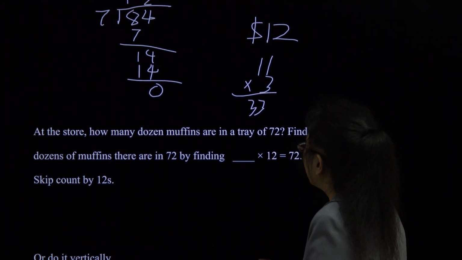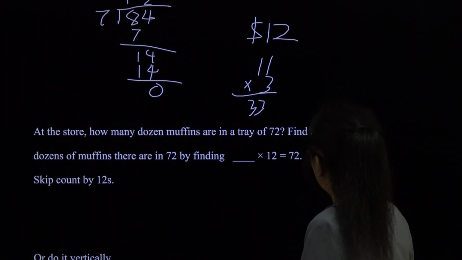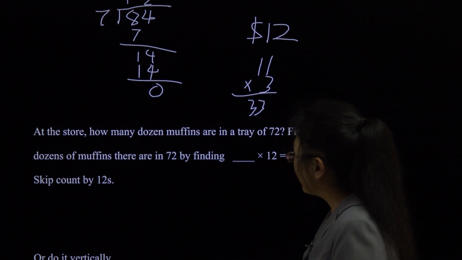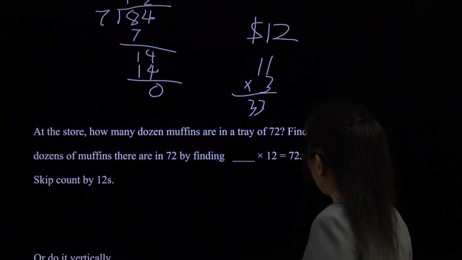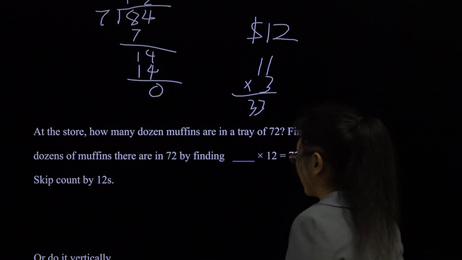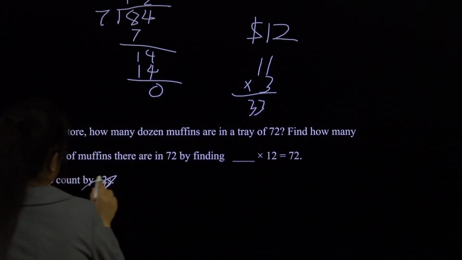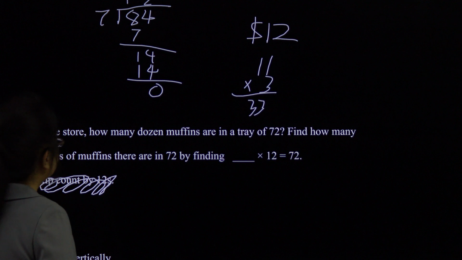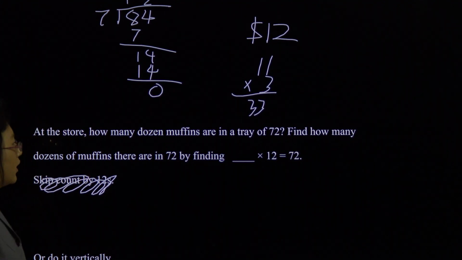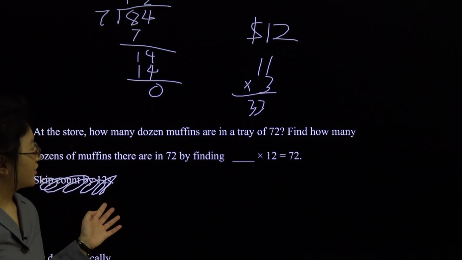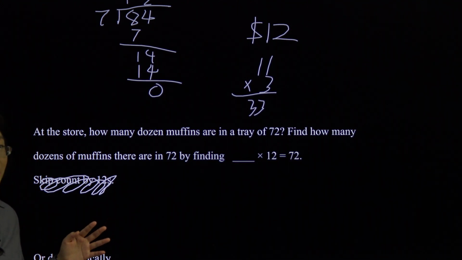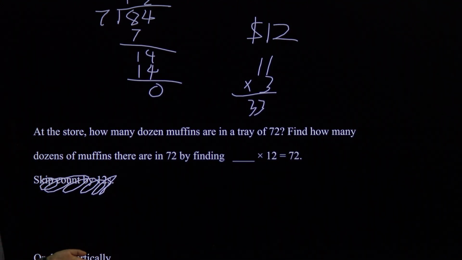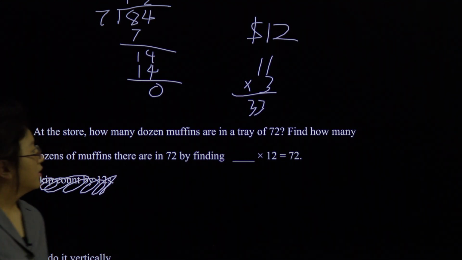At the store, how many dozen muffins are in a tray of 72? Find out how many dozens of muffins are in 72 by finding what times 12 equals 72. We're not going to skip count by 12s. Okay guys, the thing is, in a baker's dozen, there's 13, but over here they're obviously not talking about a baker's dozen, so we won't concern ourselves with that.